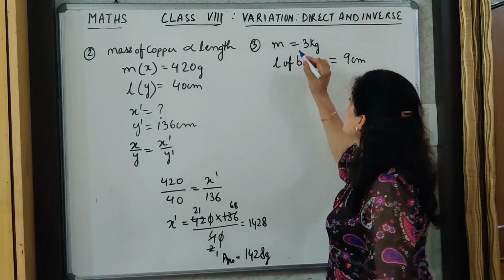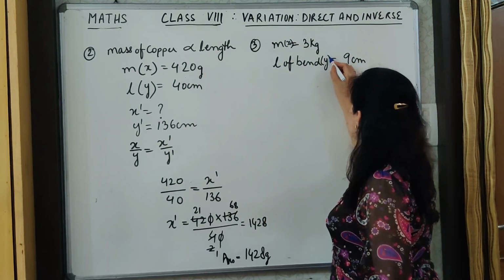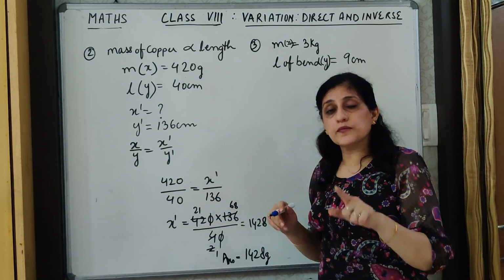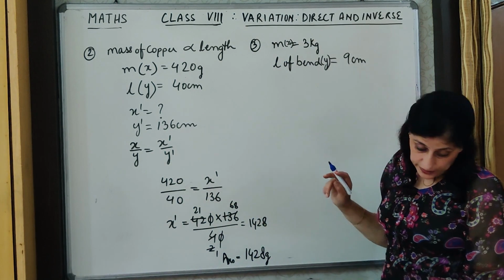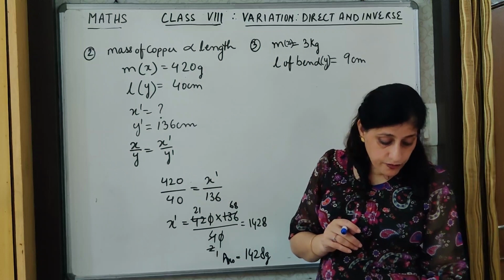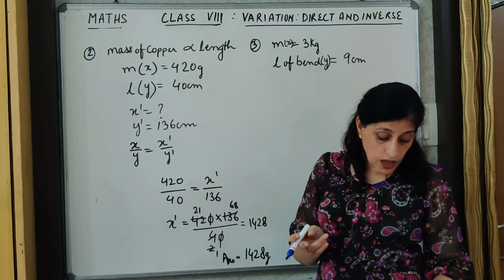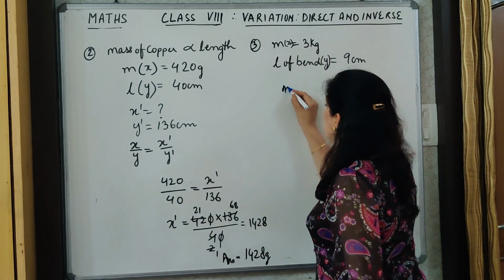After recording this, I will assume this as x and this as y. So now mass will remain x and the length of bend will remain as y. Continuing, it is given, if the amount of bending varies directly, how much will the pole bend for a 2 kg fish?